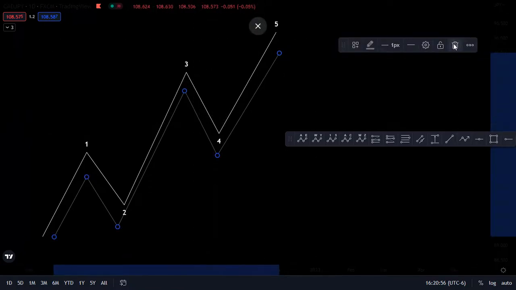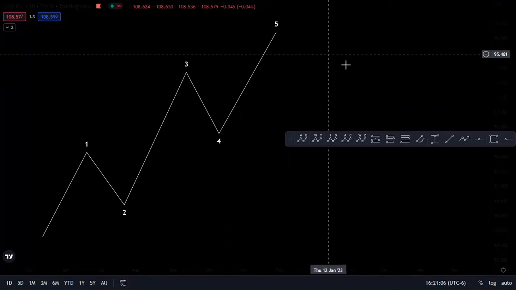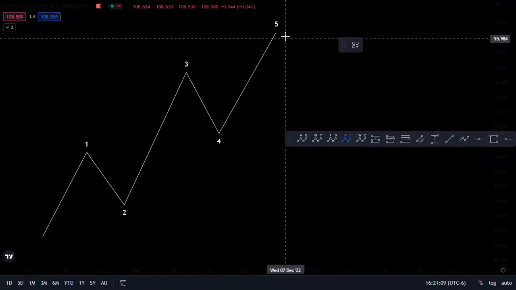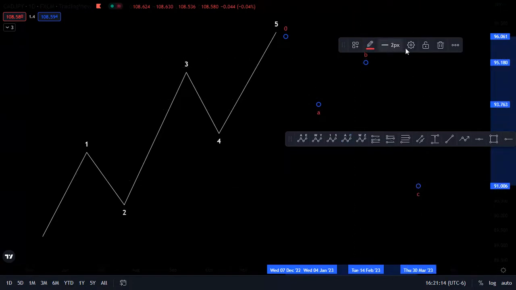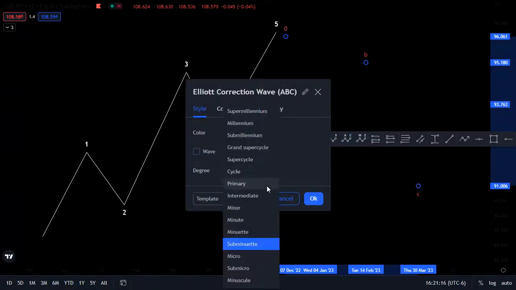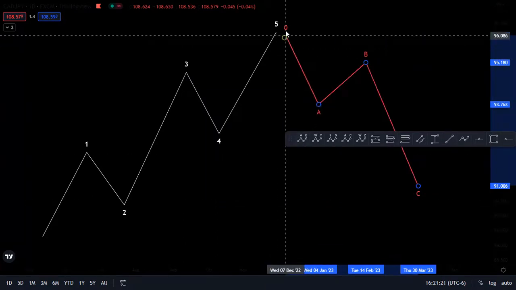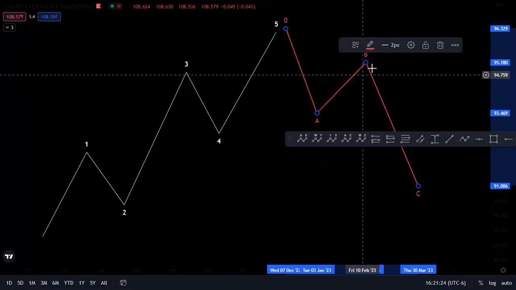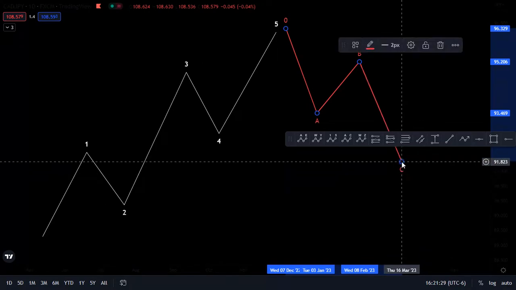And what is a corrective mode? A corrective mode is a 3-wave structure. By 3-wave structure, this is what we mean: there, there, there. So a corrective mode is a 3-wave structure and a motive mode is a 5-wave structure.